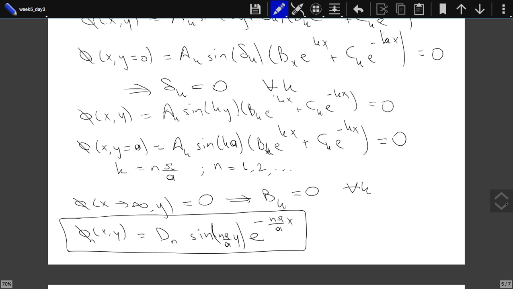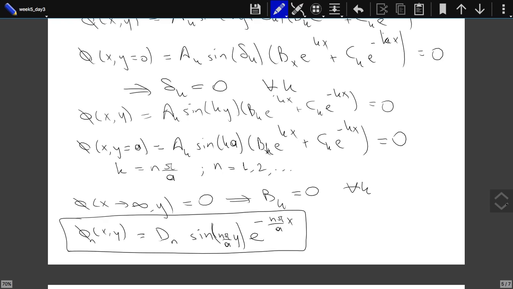But it will always turn out that this solution is kind of arbitrary. There's still this integer n. And whatever that integer n is, my function satisfies Laplace's equation. And it satisfies the boundary conditions at y equal to 0, y equal to a, and x equal to infinity. It satisfies almost all my boundary conditions, except one: the boundary condition at x equal to 0, this edge over here. My solution doesn't satisfy it.